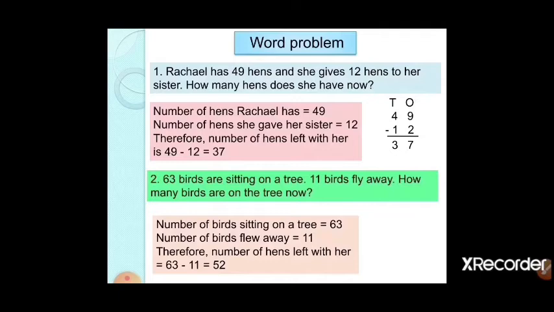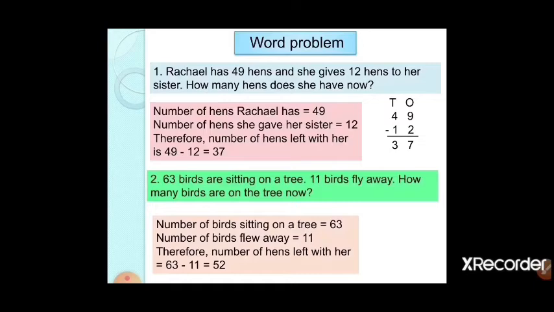So in this, what is there? First one is: Rachel has 49 hens and she gave 12 hens to her sister. Okay, so how many hens does she have now? So already she had 49. She has given her sister 12. Given means it is not there with her, so that's why we have to subtract.